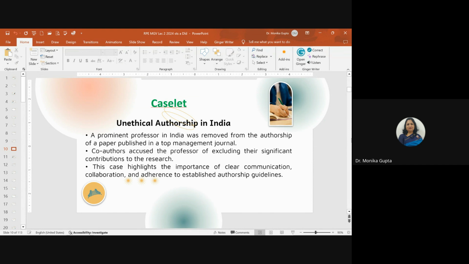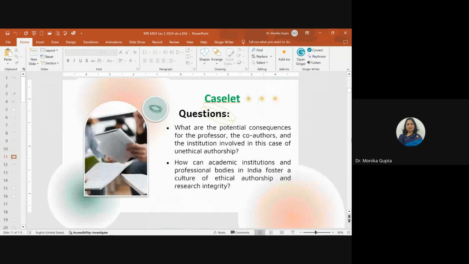This case highlights the importance of clear communication, collaboration, and adherence to established authorship guidelines. So the questions are, what are the potential consequences for the professor, the co-authors, and the institution involved in this case of unethical authorship? The first part.